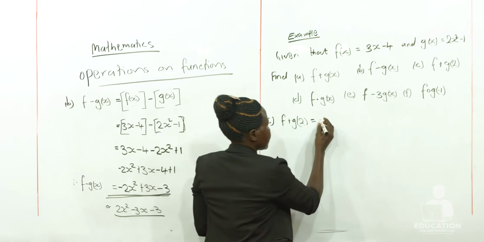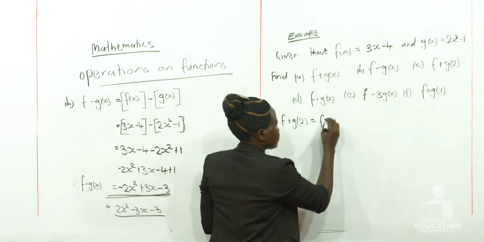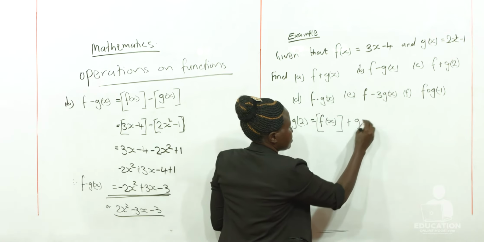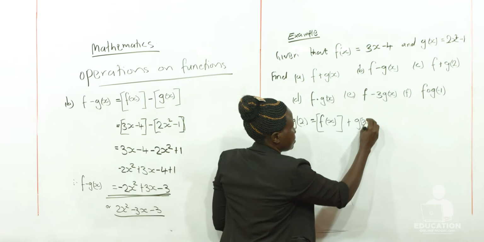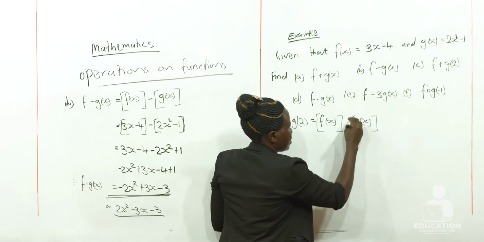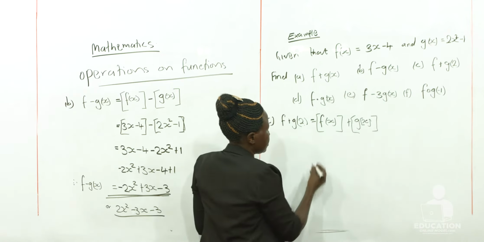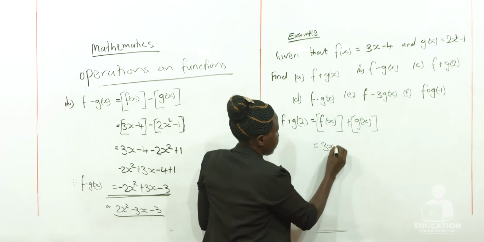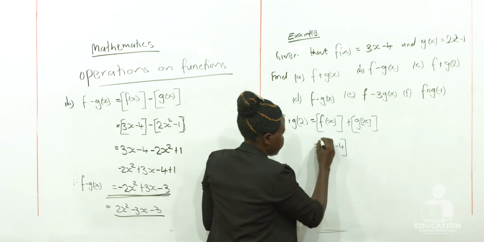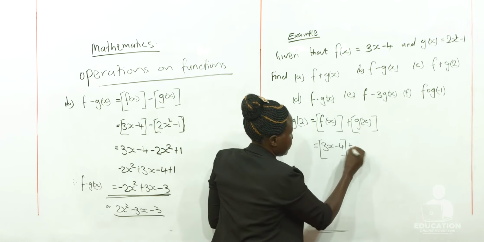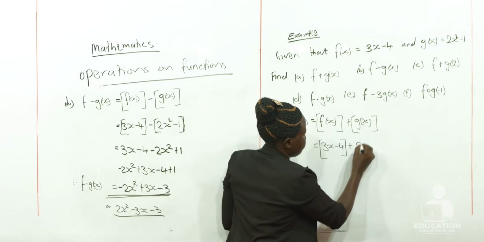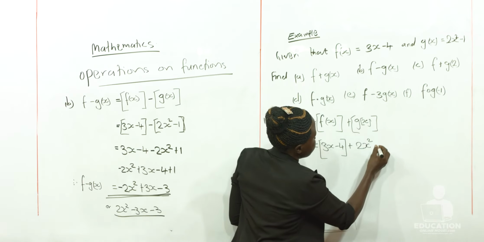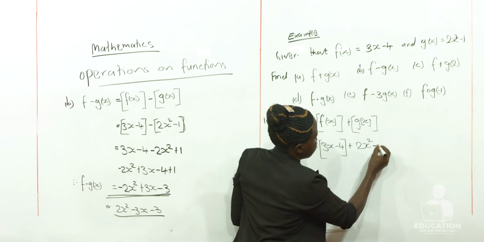So you simply say I will have f(x) plus g(x), and then when I substitute it, I will get 3x minus 4, and then plus 2x square minus 1.